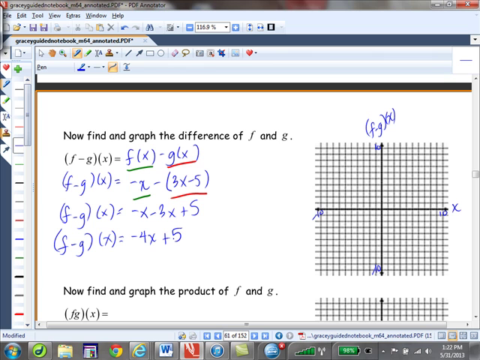So if we graph that using slope-intercept form, we have 0, 5 is the y-intercept. And then we have a slope of negative 4, so we can go 1, 2, 3, 4 down and 1 to the right. Do one more. And our line will look something like this.